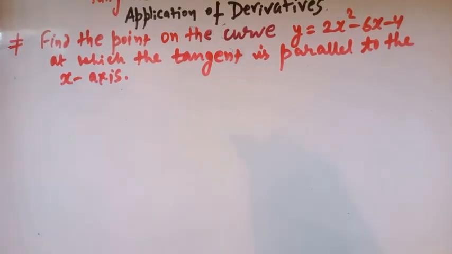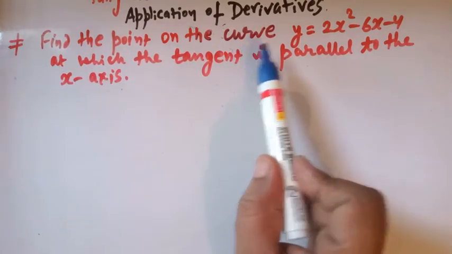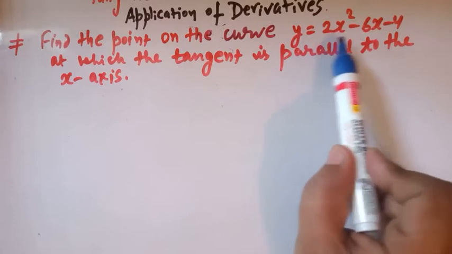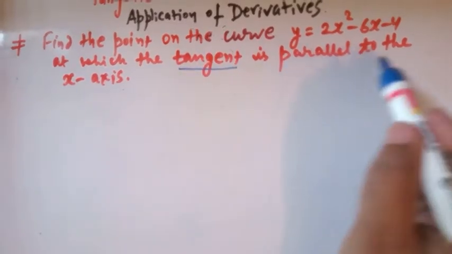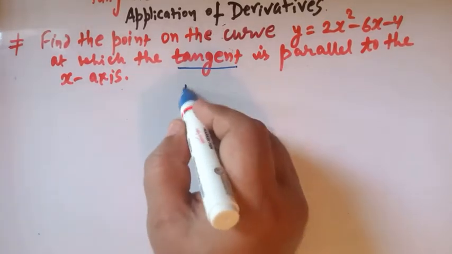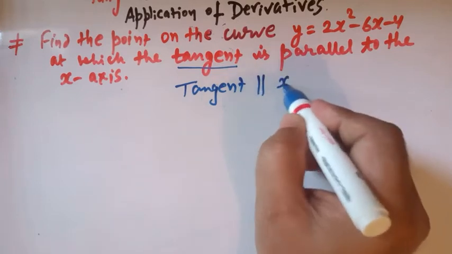So utilizing those conditions we have to find some other parameters. So let us take this question. Here we have: find the point on the curve, this is the equation of the curve, at which the tangent is parallel to x-axis. So here what we are given is that the tangent is parallel to x-axis.